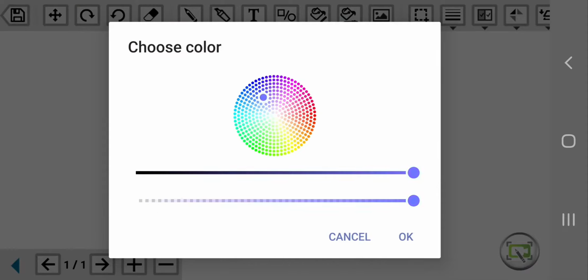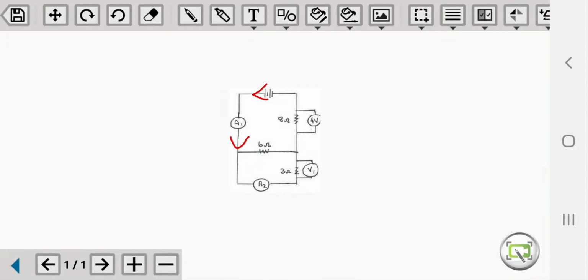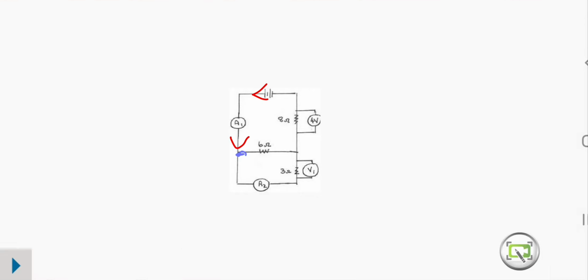All right, now as you can see right at this point, that is where the path splits. And because the path splits and there are 2 possible ways to go, we can see that this part is in parallel. So where the purple part is, that is where the current splits. It goes through the 3 ohm resistor and it goes through the 6 ohm resistor.